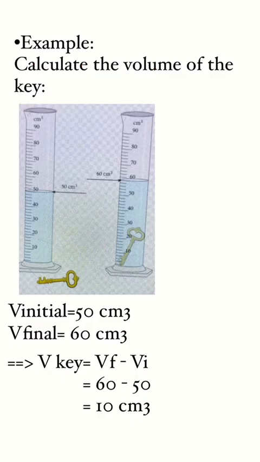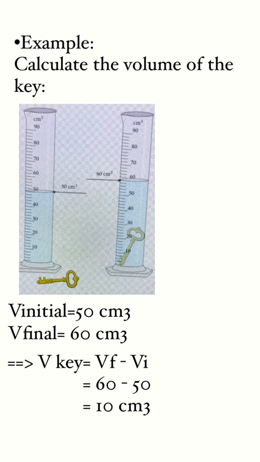Example: calculate the volume of the key. The key in this figure is the solid. The liquid in the cylinder before adding the key is 50 centimeter cube. This is the initial volume, or VA. Then we add the key into the cylinder and read the new volume of the liquid.